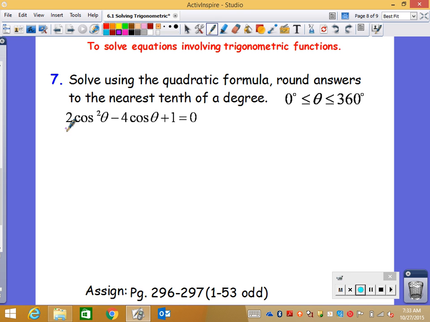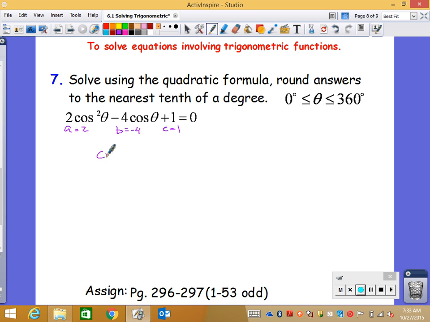Remember, we're in degrees. So my a value here is 2. My b value here is -4. My c value is 1. Now normally what you would do is you would set x is equal to negative b plus or minus blah blah blah. However, instead of x's here, we have cosine of theta.